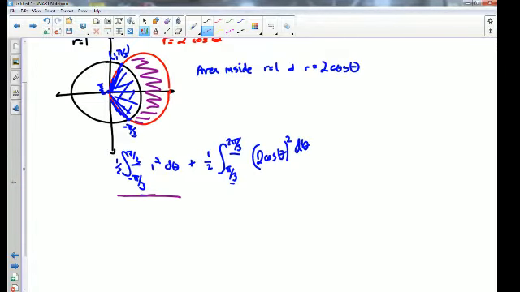If you think about it, if I do the red from negative pi over 3 to pi over 3, that gives me this pi slice that we already figured out plus this.